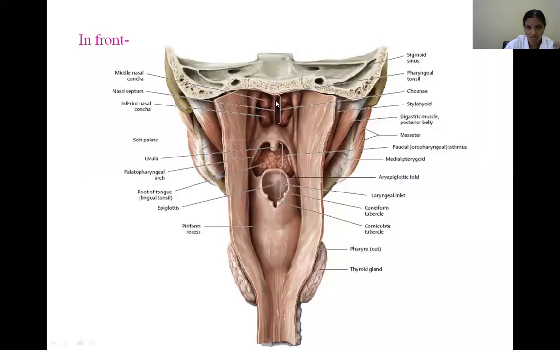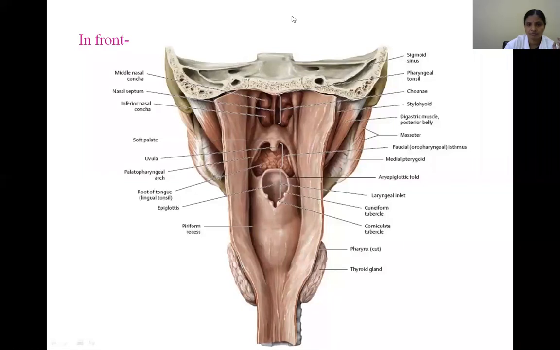In the middle there is a bone, the vomer, forming the nasal septum. On either side of the nasal septum are 2 openings, the posterior nasal openings, otherwise called choanae. Through the choanae, the uppermost part of the pharynx communicates with the nasal cavity. So that part of the pharynx is known as the nasopharynx.